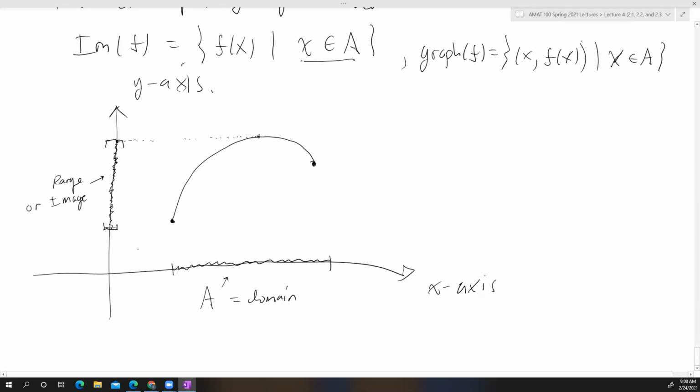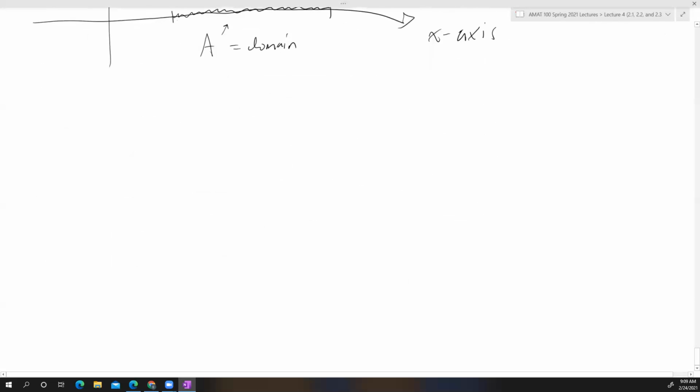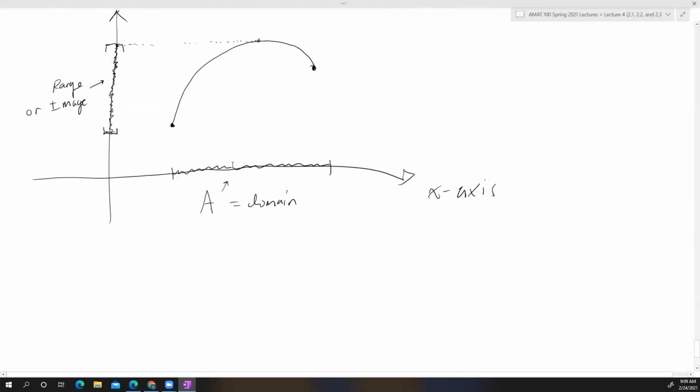So this is just a geometric way of displaying everything. And it's not usually the case, but sometimes we're given a graph of a function and we want to determine the domain and the codomain. But if you're given the rule, the domain is pretty easy to determine.